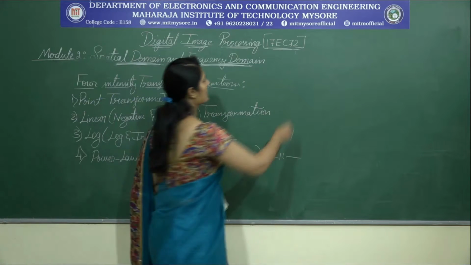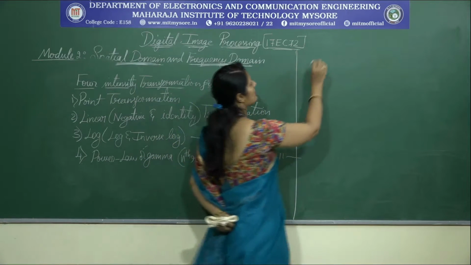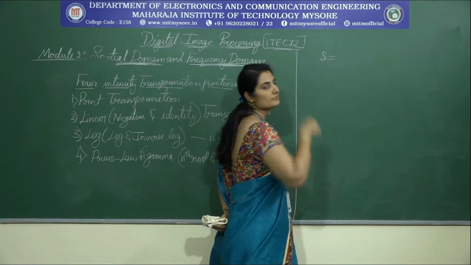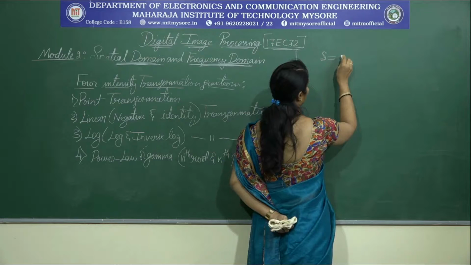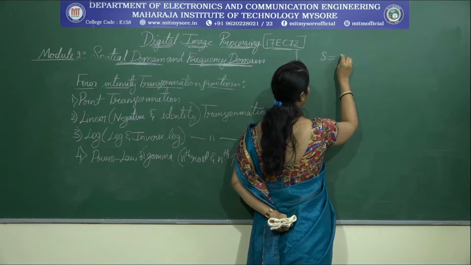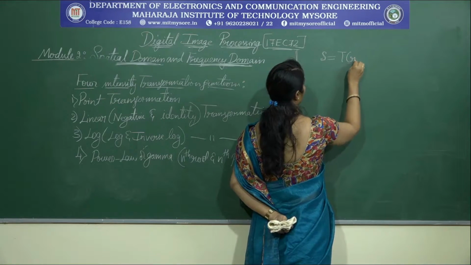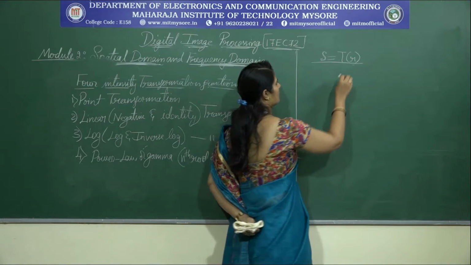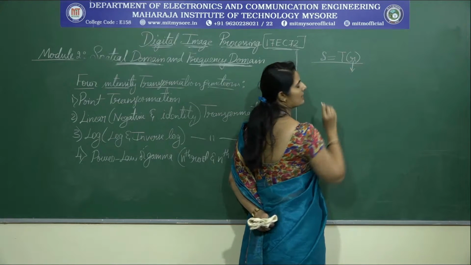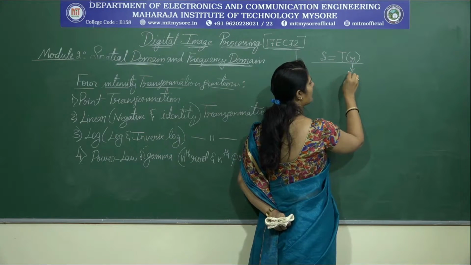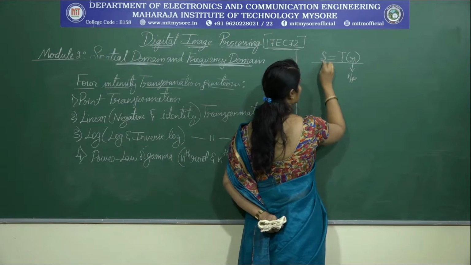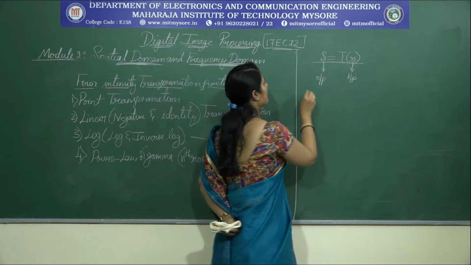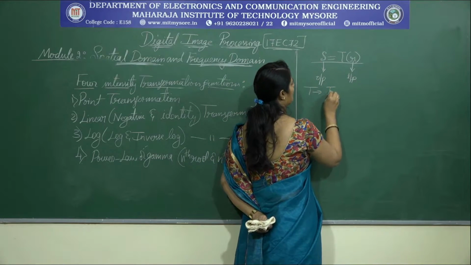Point transformation is represented by the expression S = T(R). So in point transformation, R is the intensity level of the input image and S is the intensity level of the output image, where T is the transform operator.